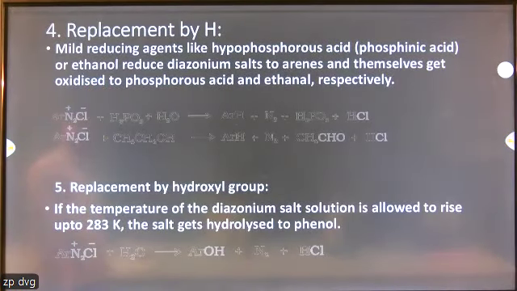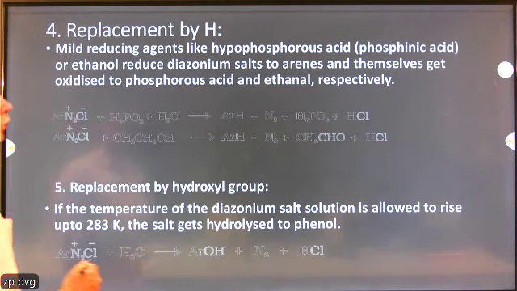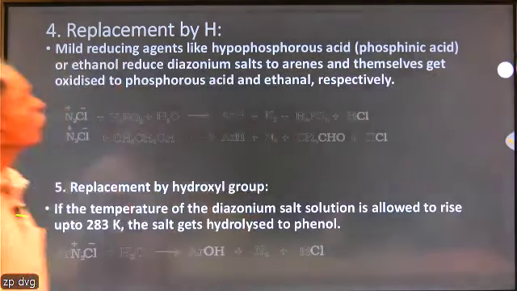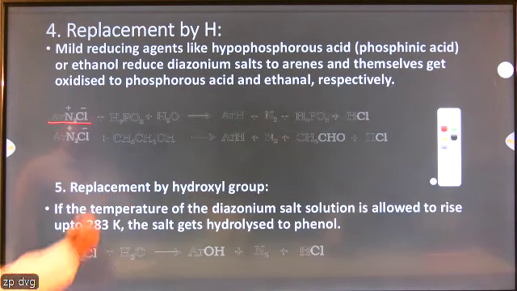Replacement by hydrogen. Mild reducing agents like hypophosphorous acid or ethanol reduce diazonium salts to arenes. Here you can see the arene diazonium salt is treated with hypophosphorous acid.